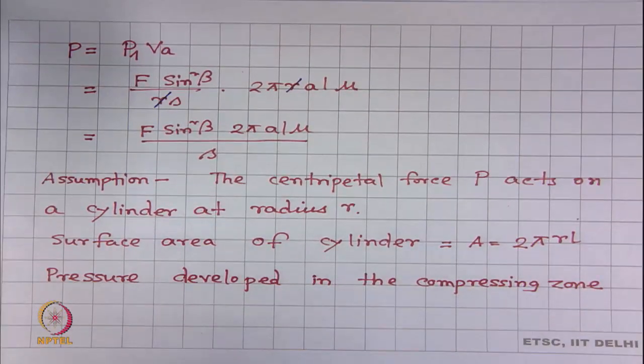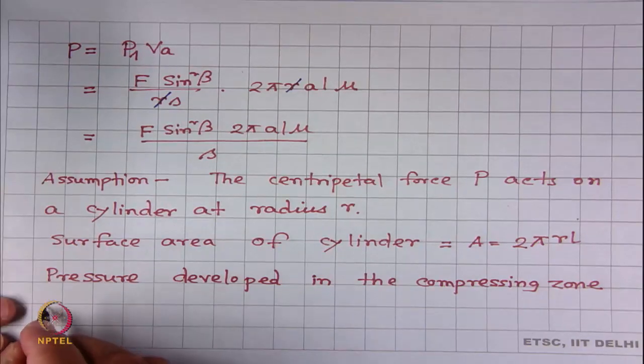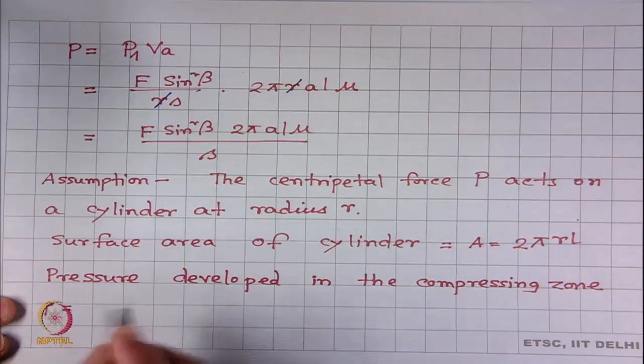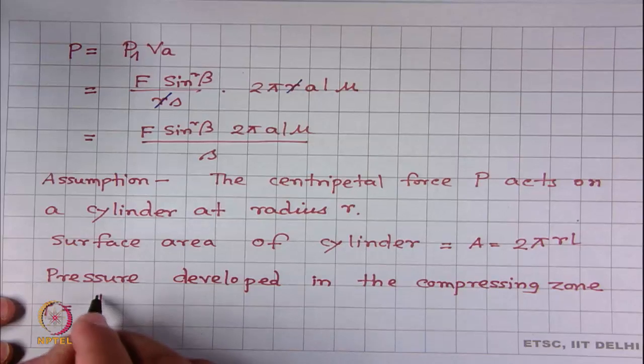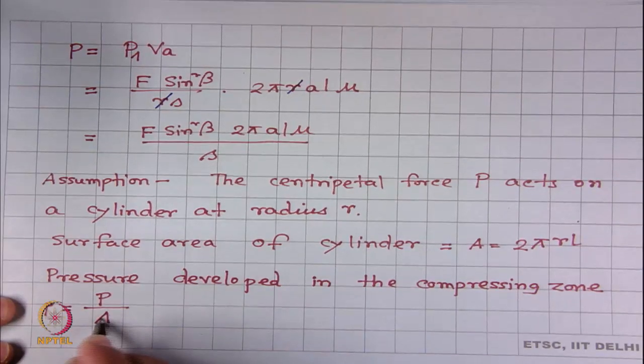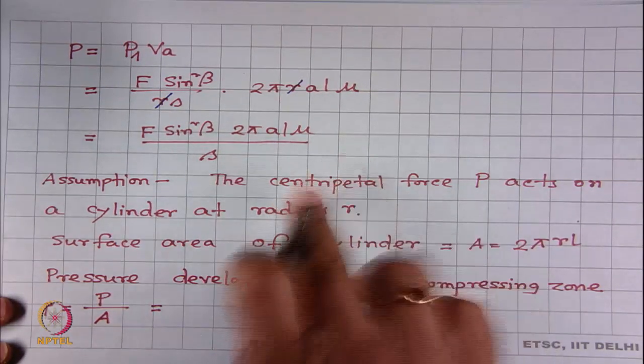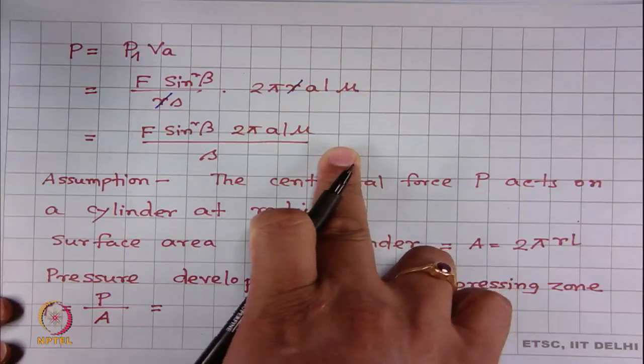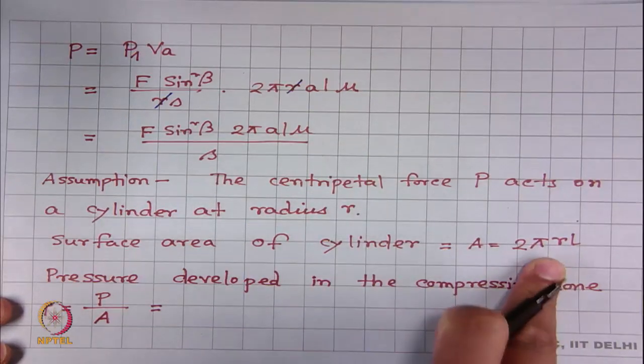This pressure P is equal to the total force, capital P, divided by this area. So, the force is this, the area is this.